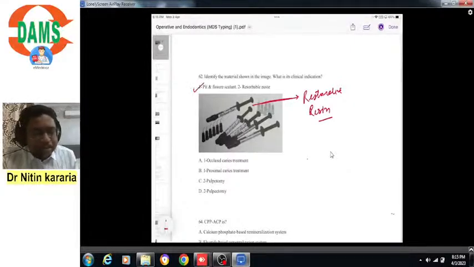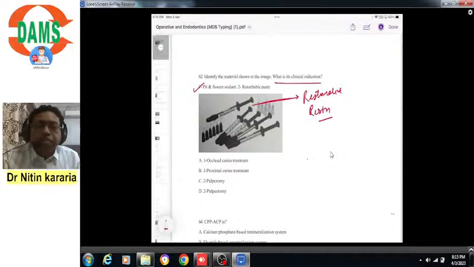Now what is the clinical indication for this? Occlusal caries treatment, proximal caries, pulpotomy or pulpectomy. We all know that pit and fissure sealants are used as a preventive measure in the pits and fissures, which are the most probable areas for the development of caries.